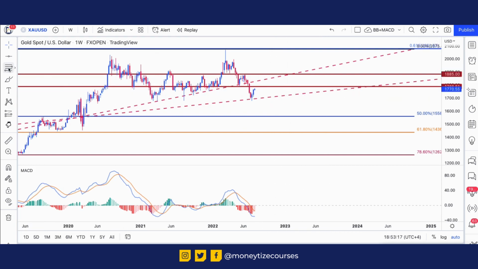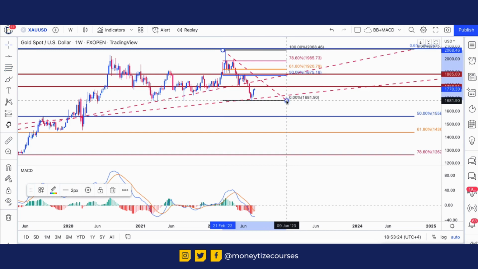And if I'm going to check the current cycle from the top to the recent most low, you'll find the 50% retracement of the current cycle, meaning downward cycle. I'm talking about this cycle now. From top to the recent low, the 50% retracement is again coming exactly at 1885.